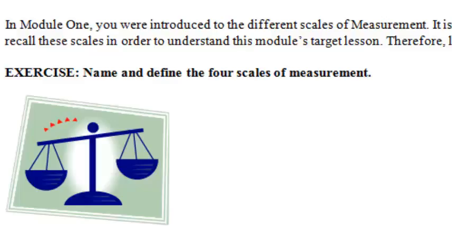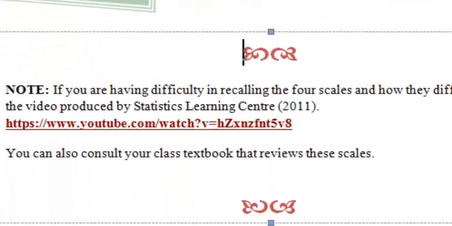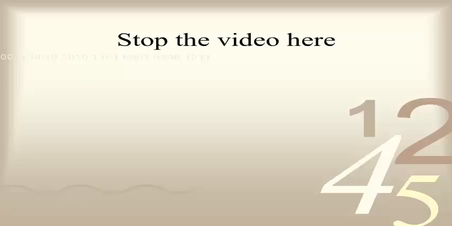And then after you have your answers down, then you could come back and do the debrief. If you find that you're having difficulty recalling the 4 scales of measurement and how to define them, then go ahead and rewatch the video. I have the link on page 2 for you to review again. It's the same video that you reviewed in Module 1, but it'll help you to recall the scales, and then you could come back for the debrief.